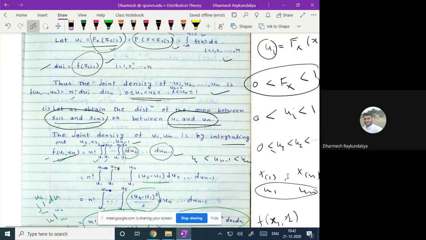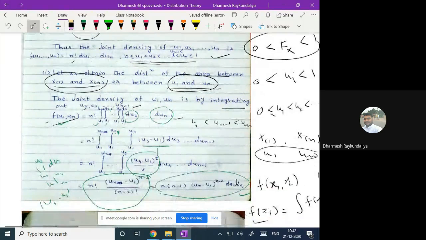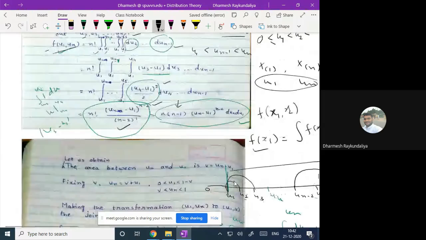Similarly you can integrate further, and you will get n factorial times (un minus u1) raised to n minus 2 over (n minus 2) factorial. The n minus 2 factorial cancels with part of n factorial, so the remaining part is n into n minus 1. So the joint distribution of the smallest and largest, u1 and un, is n(n minus 1)(un minus u1)^(n minus 2) dun du1.